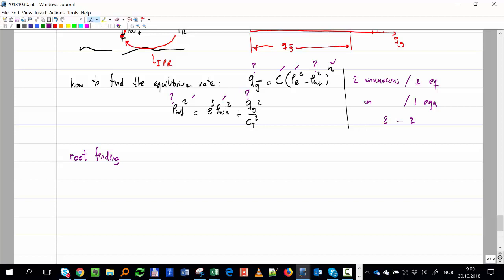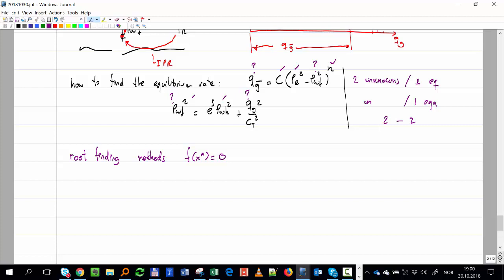Does that sound familiar? Some course in numerical methods you had some time ago. You have some methods that allow you to find an x such that makes this function equal to 0, right? You know these methods?